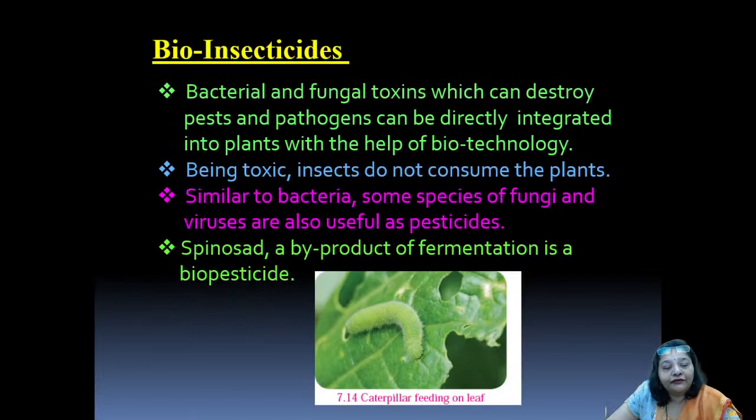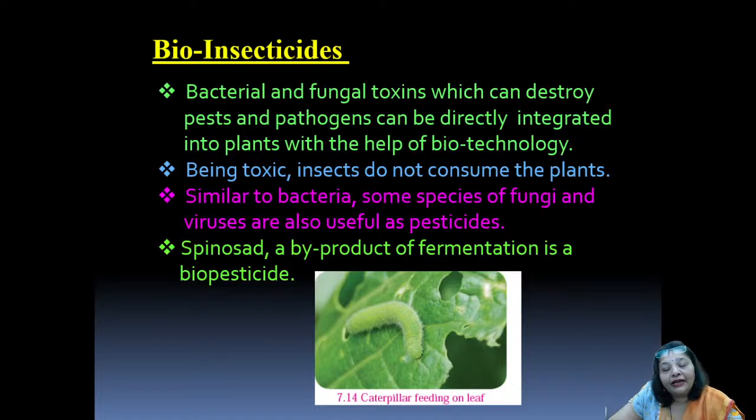Let us talk about certain bio-insecticides. Now you all know insecticides are chemical substances that have a killing action against insects. But these insecticides not only kill insects but also cause toxic effects on the plants as well as cause problems to the consumers.